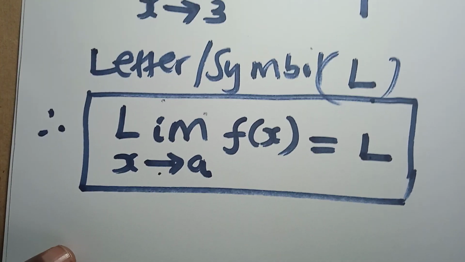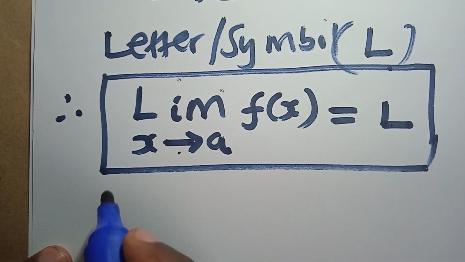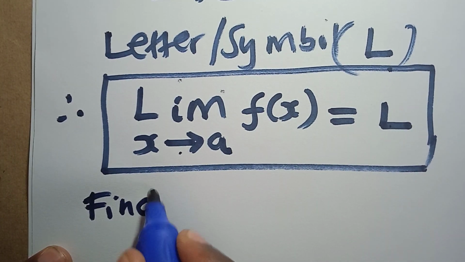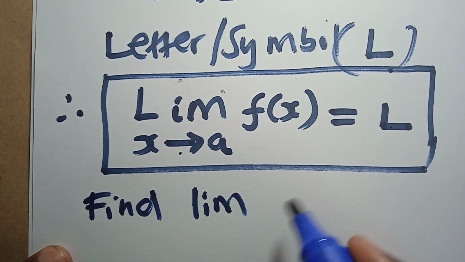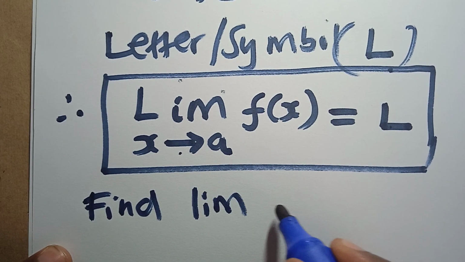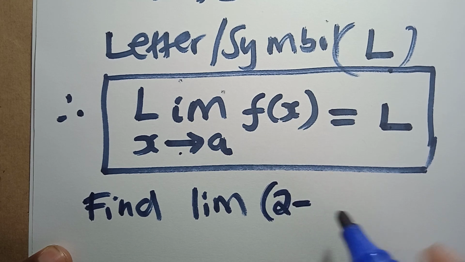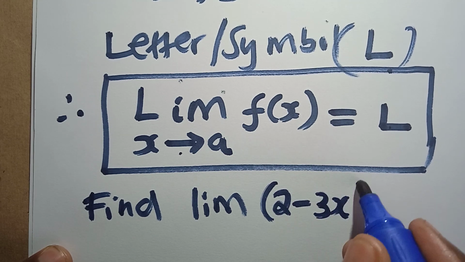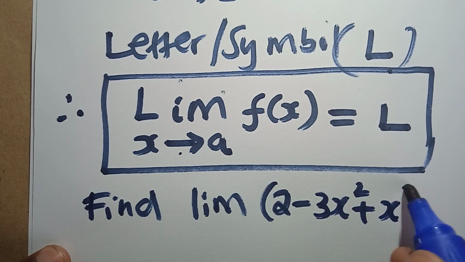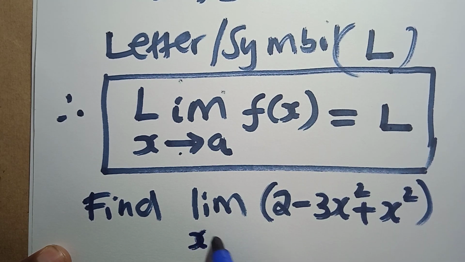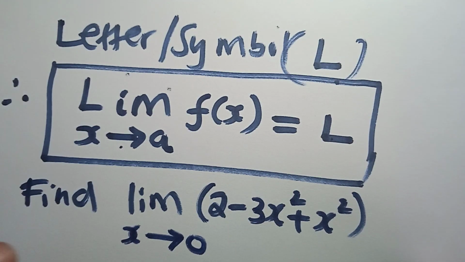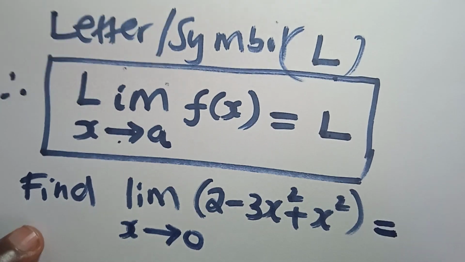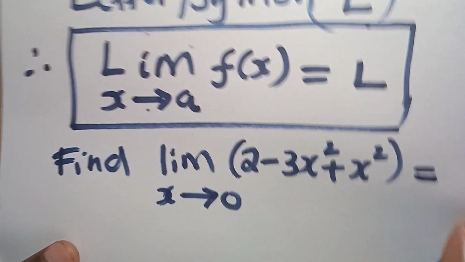Maybe the last one: if told to find the limit of the function 2 minus 3x squared plus x squared as x tends to 0, you just need to substitute in the values.